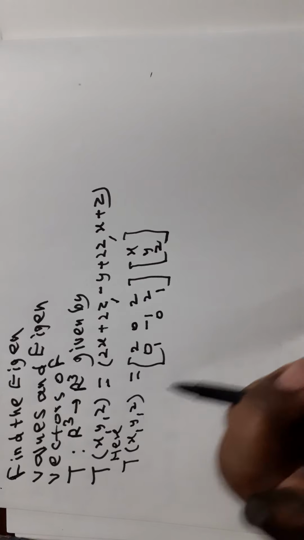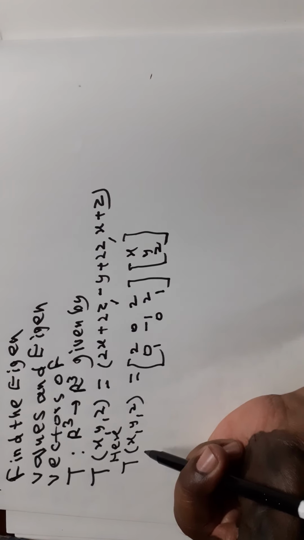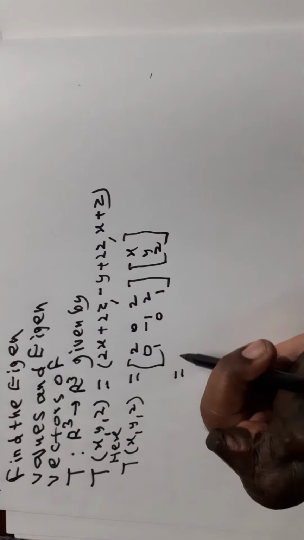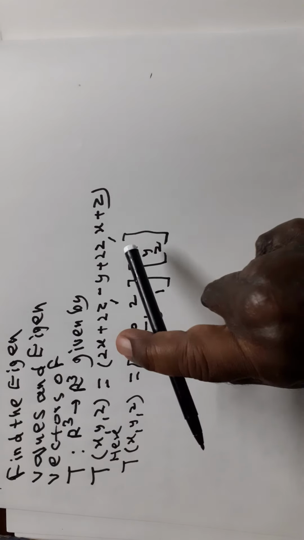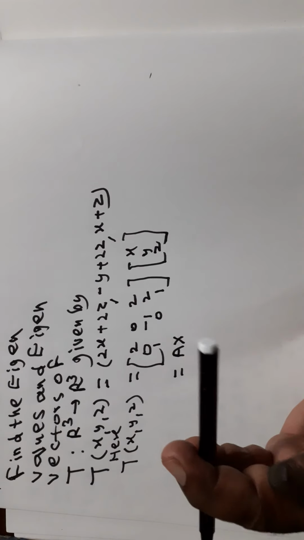See here, in order to find the eigenvalues of T, we write T(X) equals AX, where capital X is the column matrix (x, y, z).